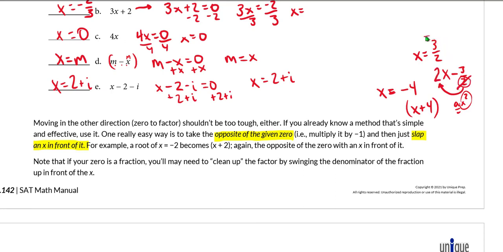In other words, usually when we see a 0 like 3/2, we are talking about the factor 2x minus 3. So that's generally the way that we can easily get from our zeros to our factors.